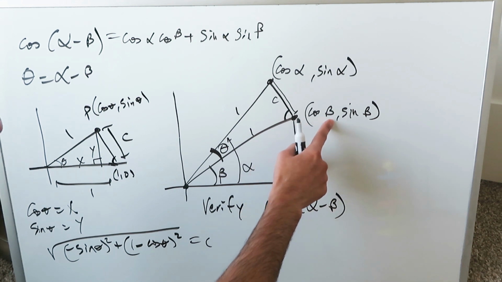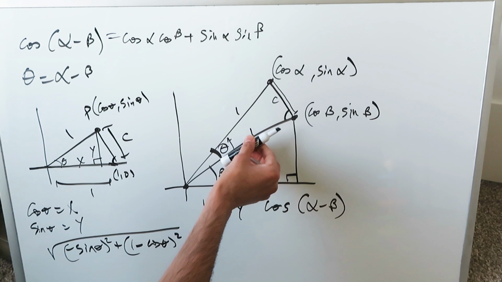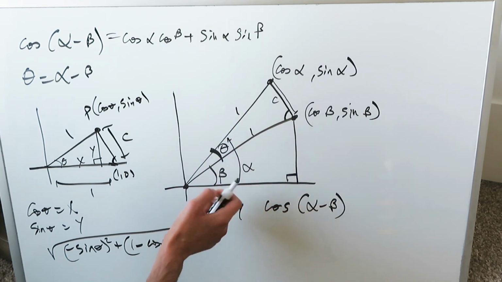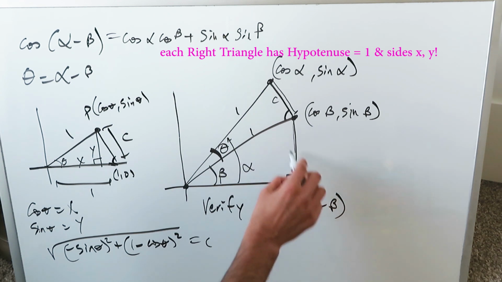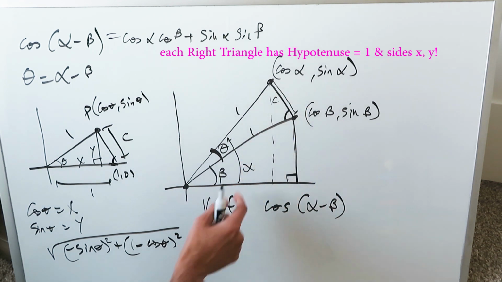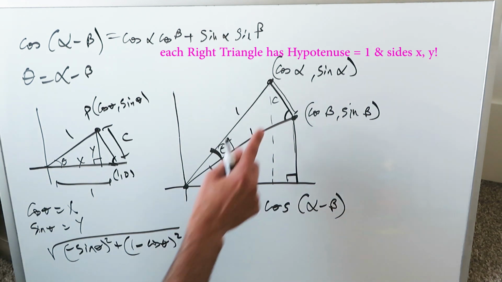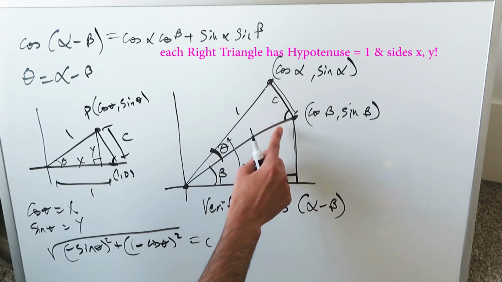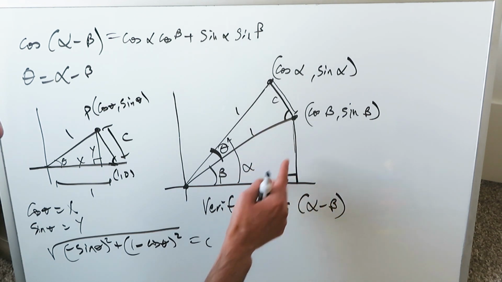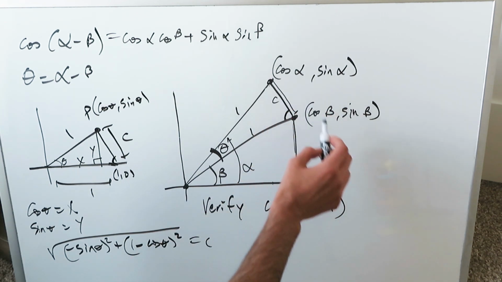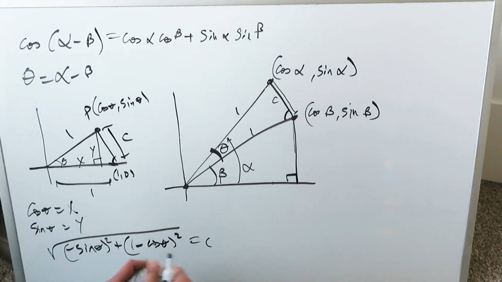Now we'll do everything by focusing on this representation. You have this point cosine beta, sine beta, and that point cosine alpha, sine alpha. Because these are equal to 1 and 1, you can easily determine those points by respective right triangles. Here's one right triangle, here's the other right triangle. It's not hard at all, but that's the depiction already provided in the question given to me by the viewer, and we're going with this depiction. Let's look at this C and determine it also using the distance formula.